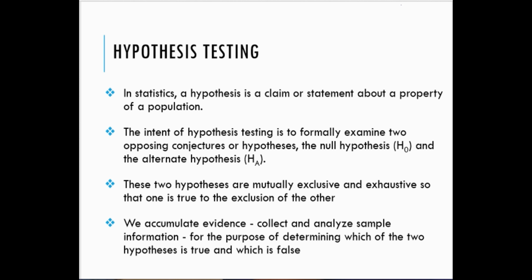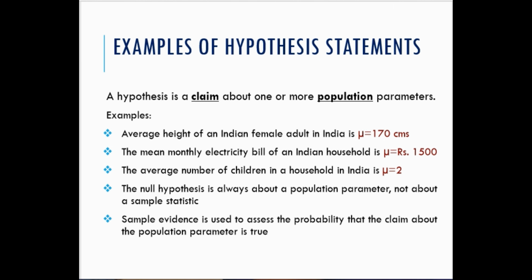Mutually exclusive means if null is happening, then alternate cannot happen, and together the probability of null happening and the probability of alternate happening is equal to 1, because those are the two states of nature that are exhaustive. So we collect some data from a sample and we analyze the sample information, and then we decide whether we will reject the null hypothesis or whether we will fail to reject the null hypothesis.